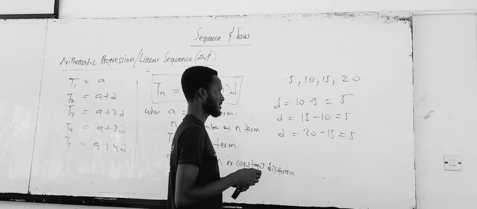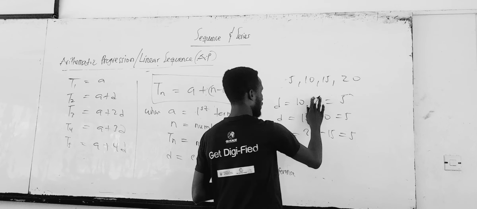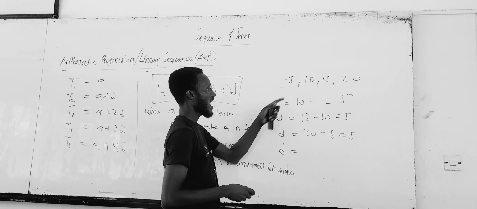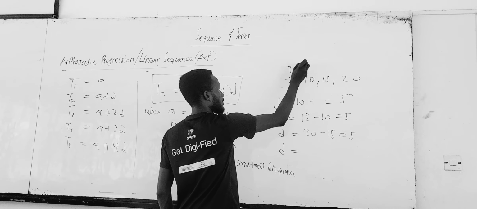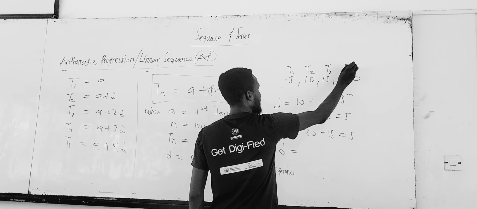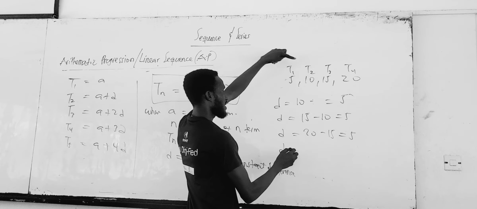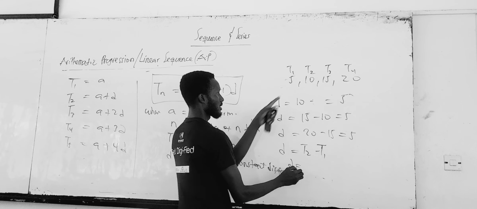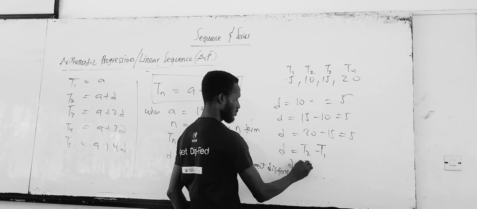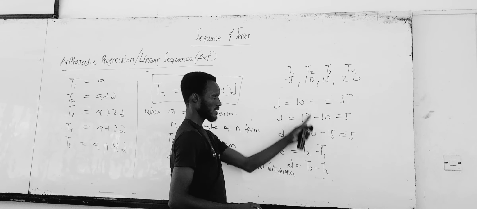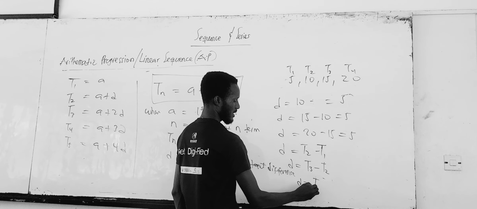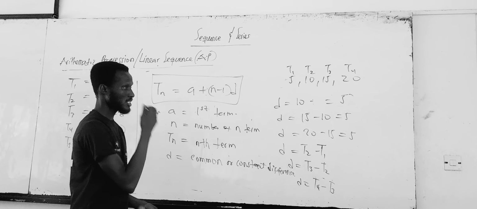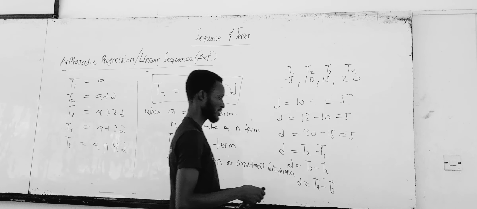Now, if I want to use the terms to represent, I will see that here is T1, T2, T3, T4. So the common difference I can say is T2 minus T1, or T3 minus T2, or T4 minus T3. Now we can generate a formula for the common difference.